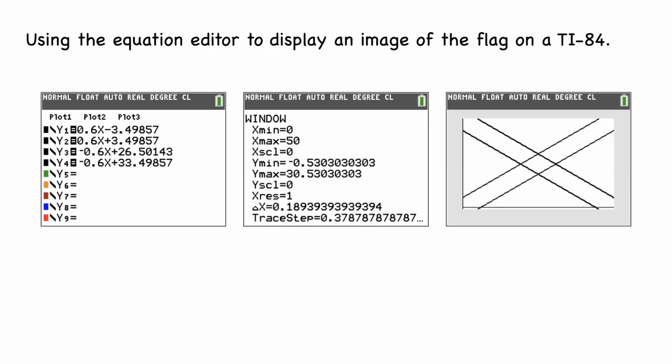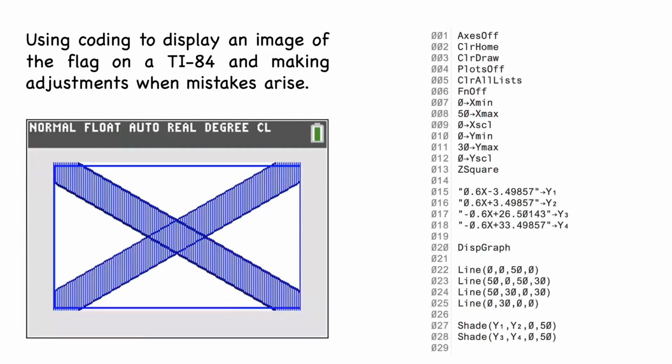Anyway, eventually I was able to set up coding for it. We're not going to belabor this here, but that's the coding of my first attempt. One of the beautiful things when you code is I ran this and it was like, oh no. I looked at this and I thought, hey, those lines are going off the flag. Darn.